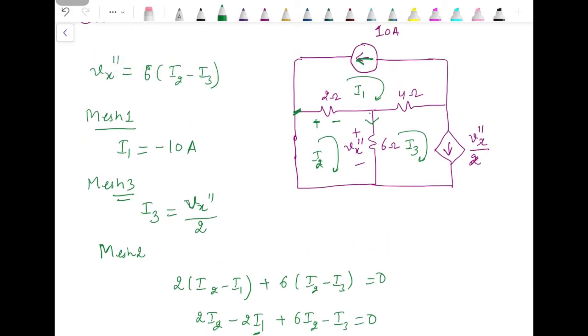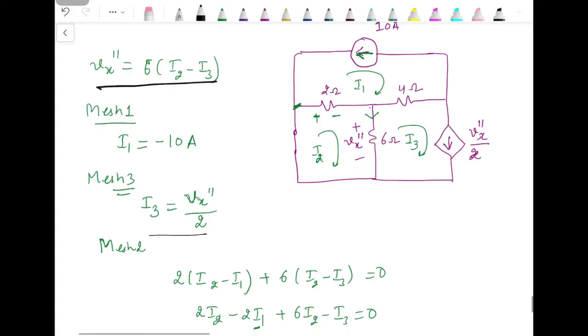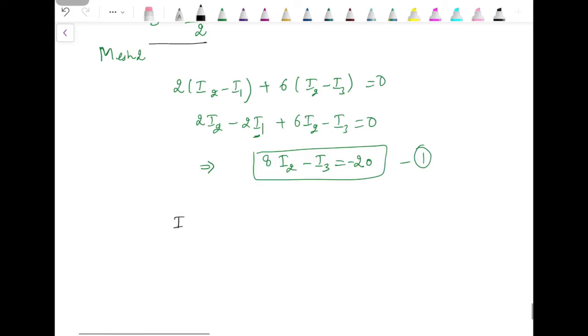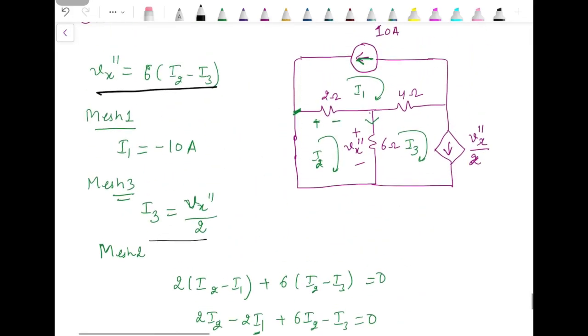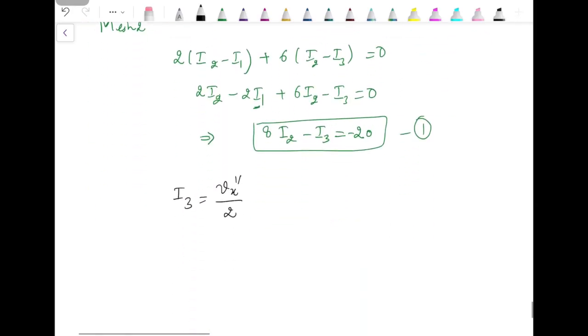Second equation we can get by combining the equation of Vx and I3. I3 is equal to Vx double dash by 2, and we had already expressed Vx double dash in terms of I2 and I3, so which is equal to 6 into (I2 minus I3) by 2.